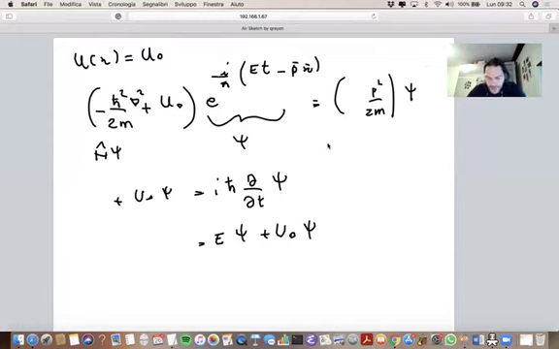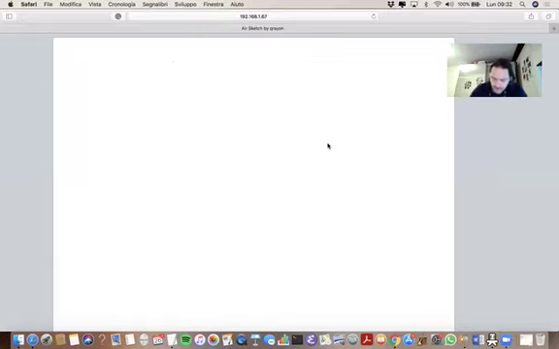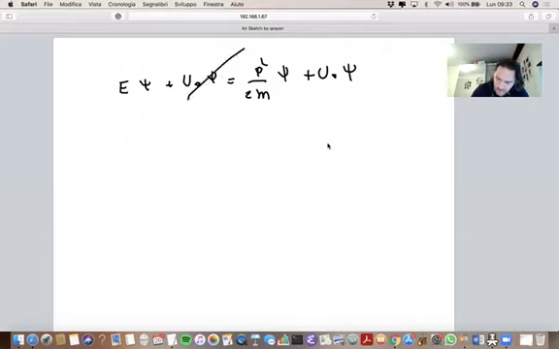So if you simply apply the Schrodinger equation to the plane wave, you arrive at the conclusion E psi plus U naught psi is equal to p squared over 2m psi plus U naught psi. So these two terms cancel out, as you expected, because the equation should not depend on the specific value of the constant potential energy.